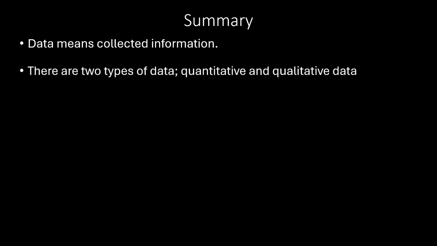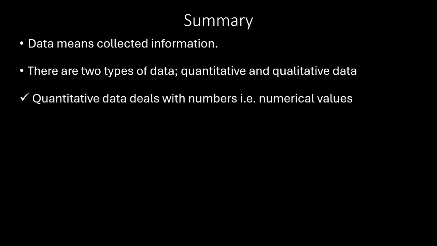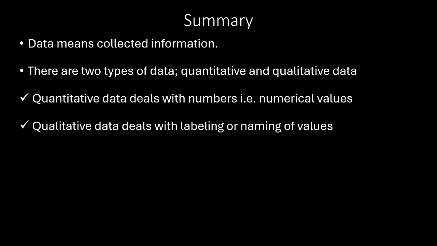So far in this video, you have learned that data means collected information. There are two types of data, quantitative and qualitative data. You have learned that quantitative data deals with numbers, that is numerical values, while qualitative data deals with labeling or naming of values.